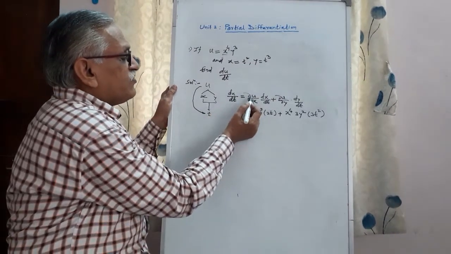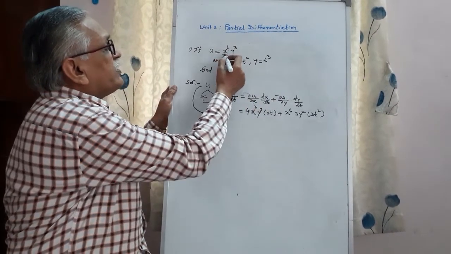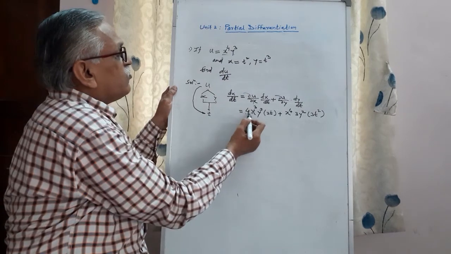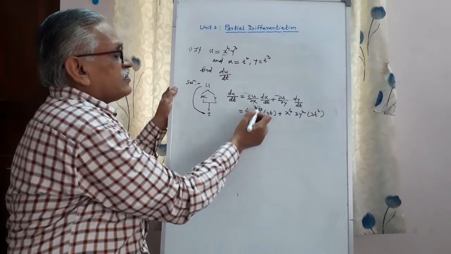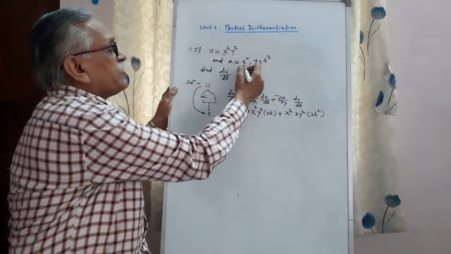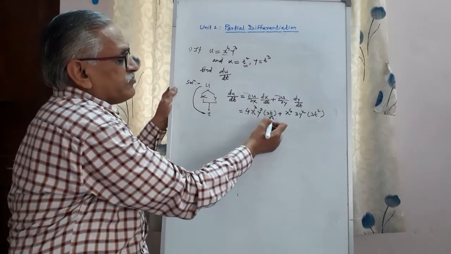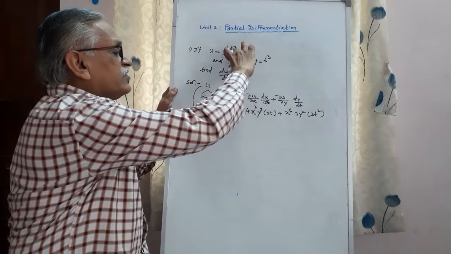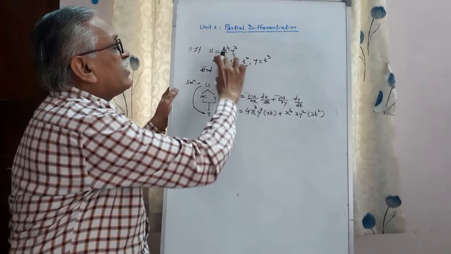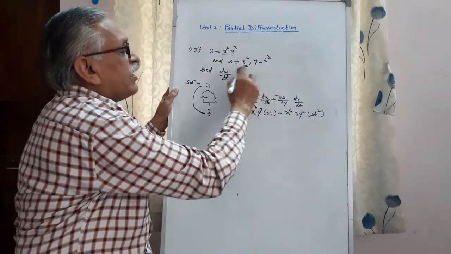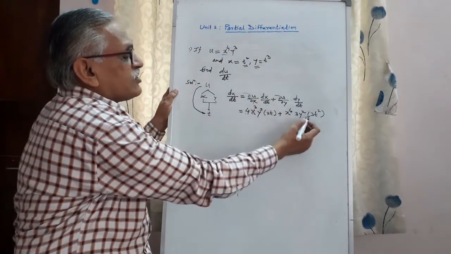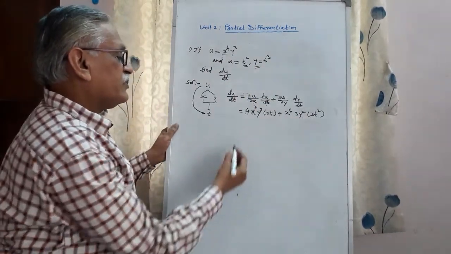Therefore, substituting the values: differentiating with respect to x, we get 4x cube, y cube constant as it is. dx by dt, differentiating with respect to t, we get 2t. Then differentiating with respect to y, x to the 4 stays, the derivative of y cube is 3y square, and differentiating y with respect to t, it is 3t square.